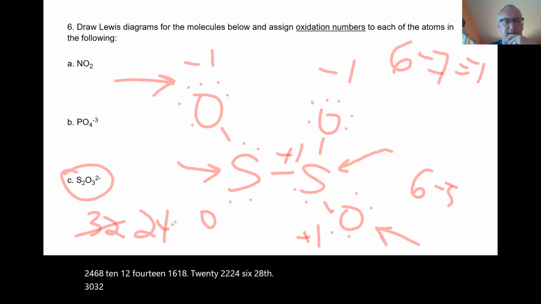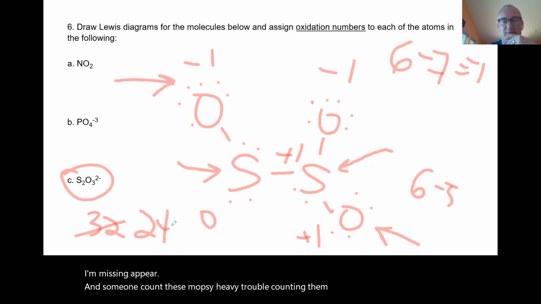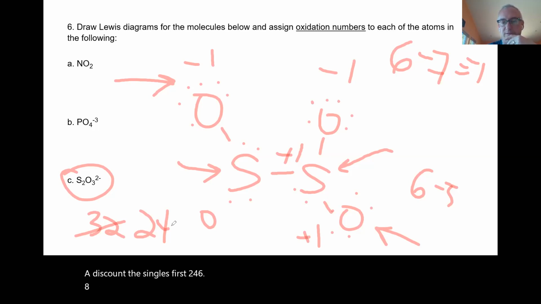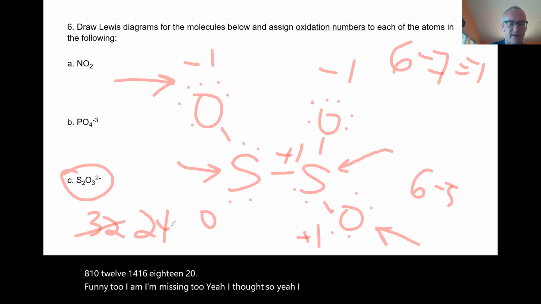I think I'm missing a pair. Can someone count these for me? I'm obviously having trouble counting them. I'll just count the singles first. 2, 4, 6, 8, 10, 12, 14, 16. I'm missing one pair. 22. Yeah, I'm missing 2. Yeah, I thought so.